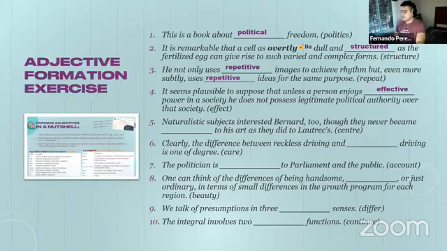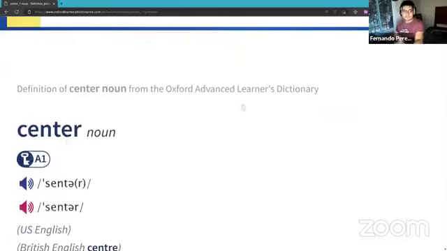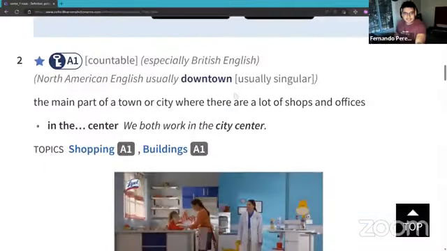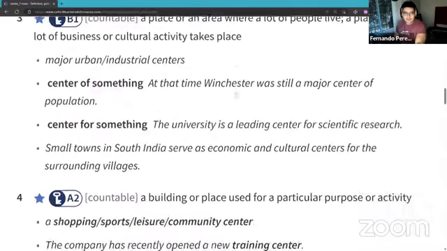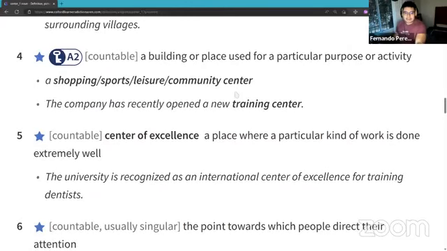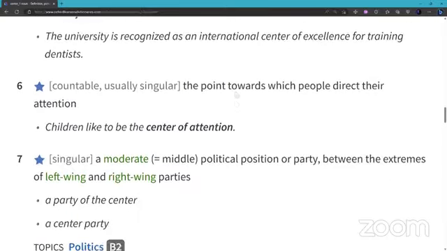The definition here should be the middle point or part of something. If you're talking about the middle point in this context, we should talk about the most important part, like when you focus on something.